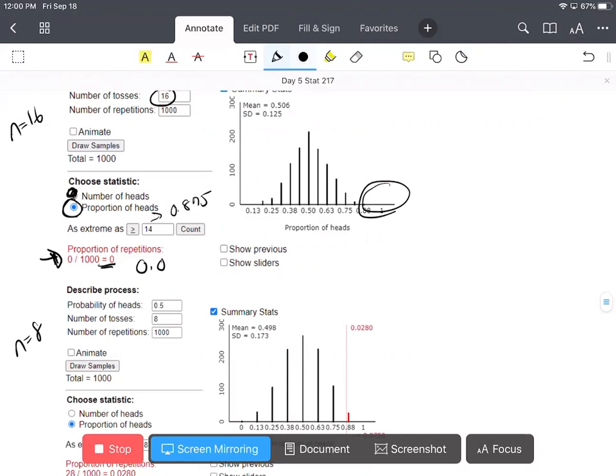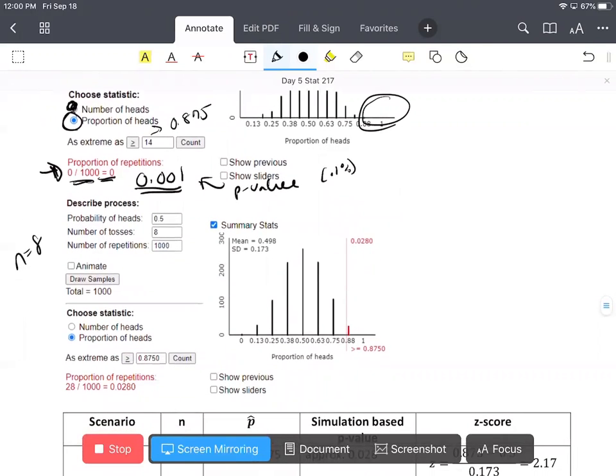We're going to say 0.001, so that's going to be our p-value. Just because it wasn't observed doesn't mean it's impossible, but it means it's very, very unlikely. If you convert this to a percentage, moving it over twice, you'd get 0.1% of the time. So very, very unusual.